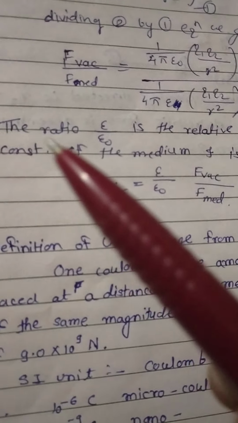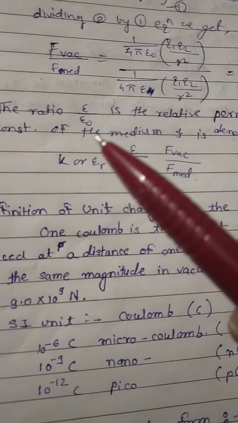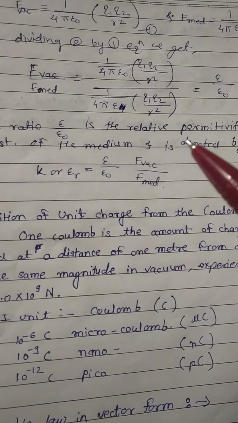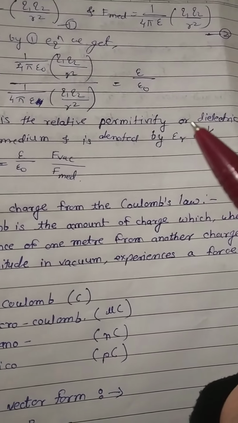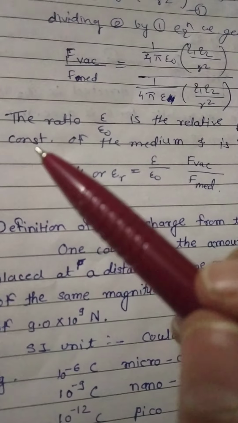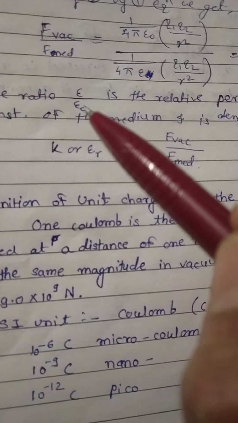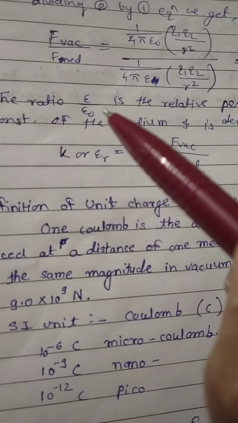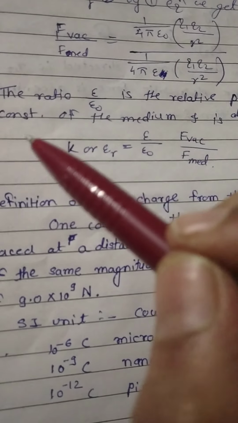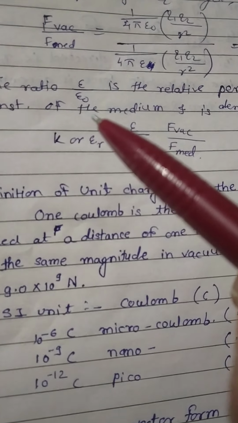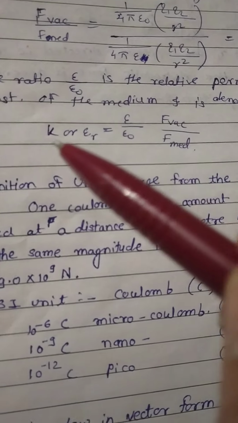And this ratio of epsilon upon epsilon naught is called the relative permittivity or dielectric constant of the medium and is denoted by K.